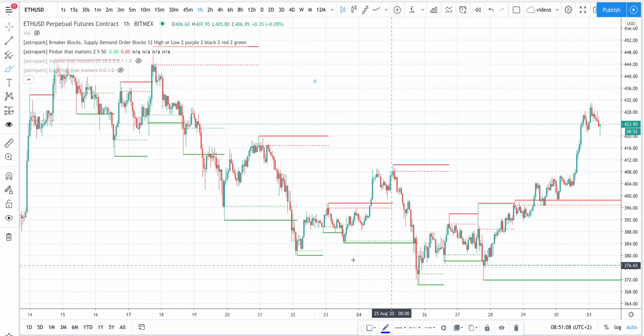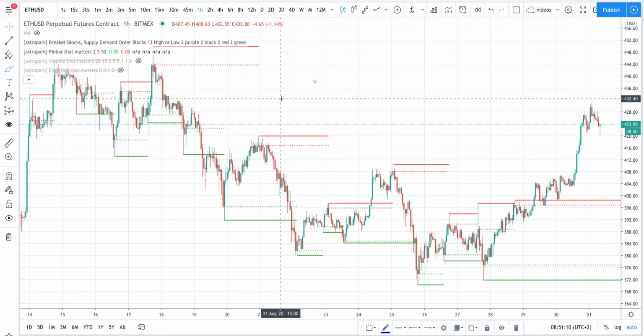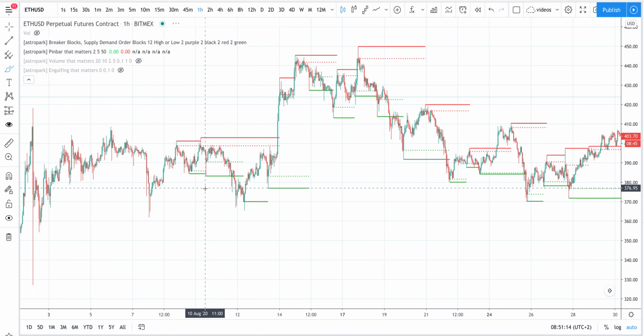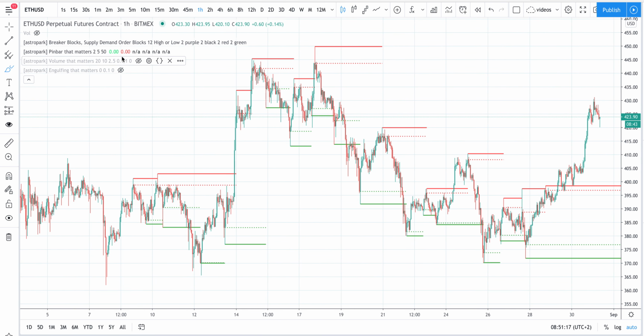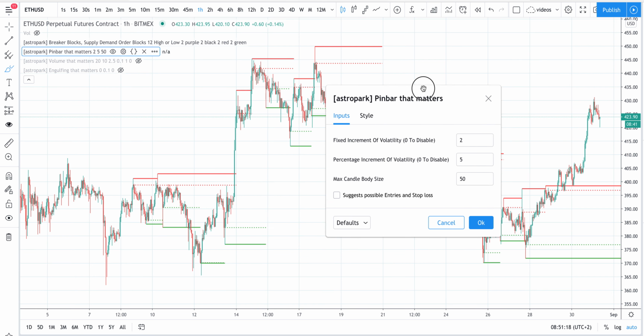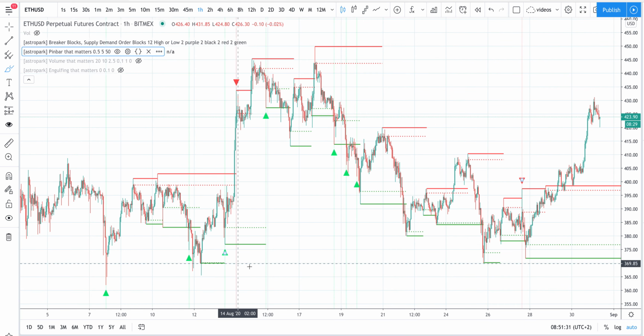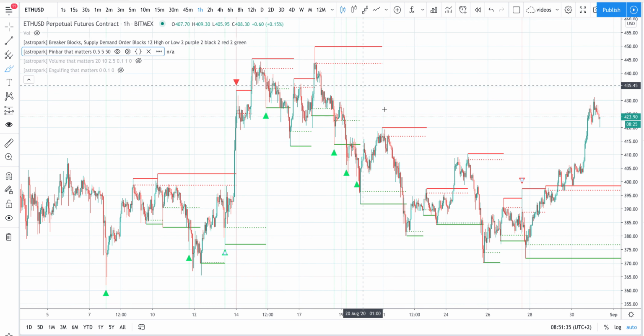Okay, now it's getting better. And no pin bars here, unless we decrease, for example, these parameters. You see here long, long, long, short, long.